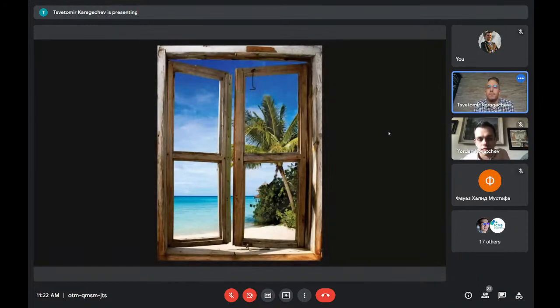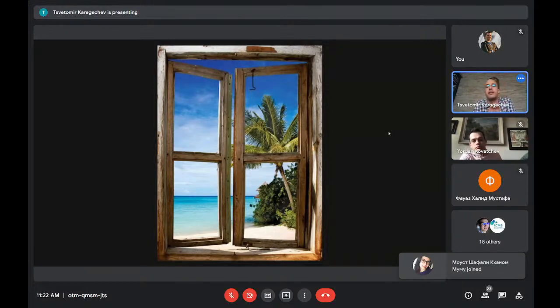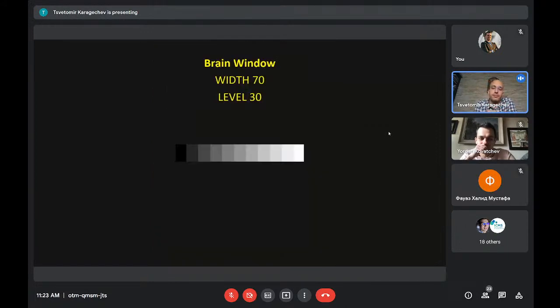As you can remember from a few slides ago, there are around 2000 shades of gray in CT, and the human eye can only detect a limited number of them. If you put them all down on one image, we won't be able to differentiate between clinically important densities, and that is what windowing is all about.